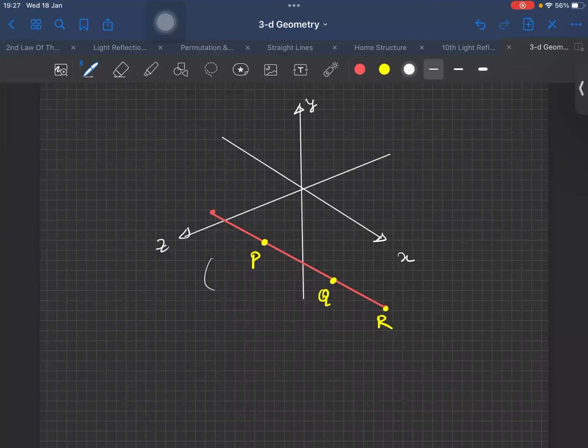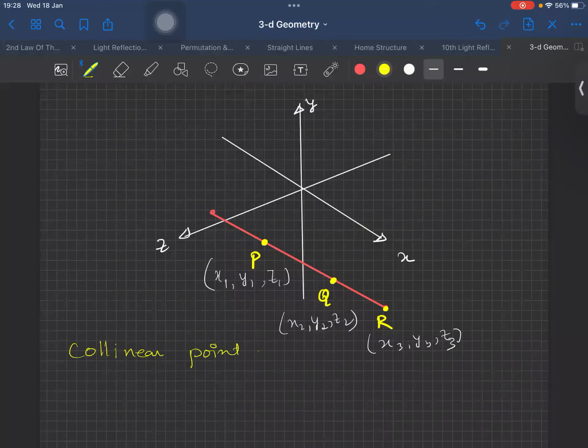Let's say the coordinates of these points are x1, y1, z1; x2, y2, z2; and x3, y3, z3. Now, when do we say these points are collinear? Of course, they are on the same line.